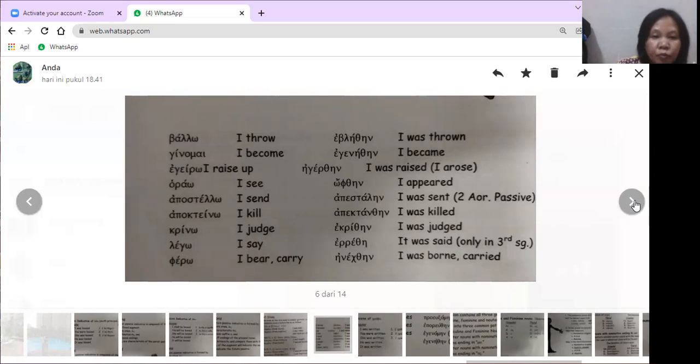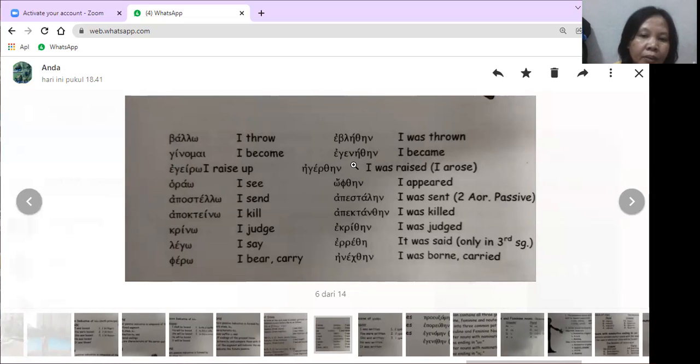But we will find irregular verbs. We must remember that irregular verbs need to be learned separately, and maybe we can remember them.